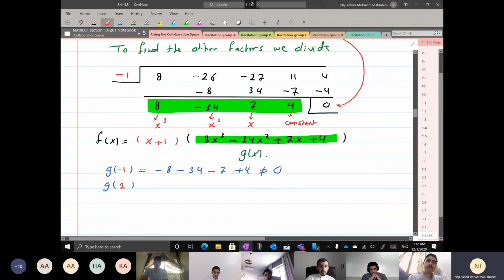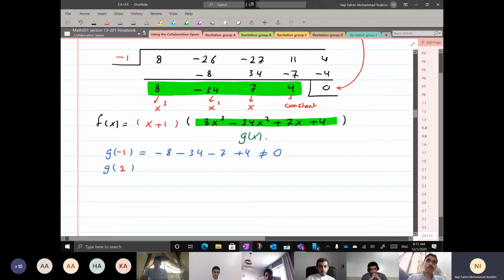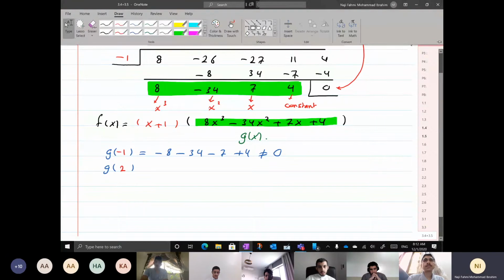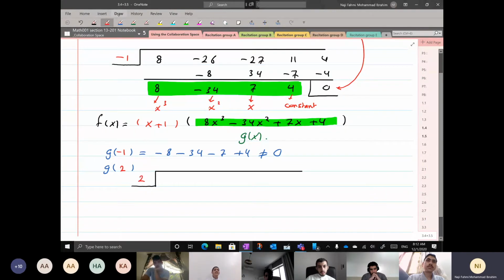How can I find g of 2? We said there are two ways, either by substitution or by division. Which one is easier in this question? Division, because we have large numbers. So let's divide by 2 and see if the remainder is 0 or not.